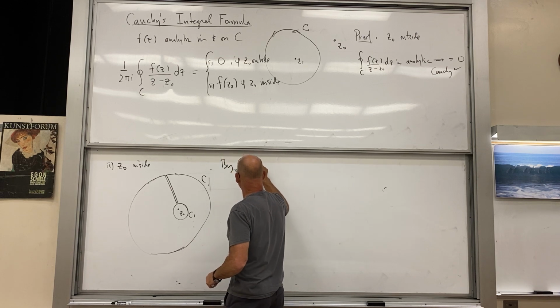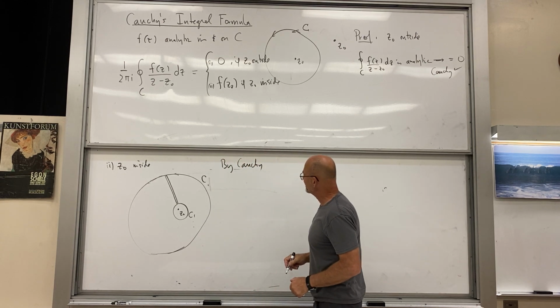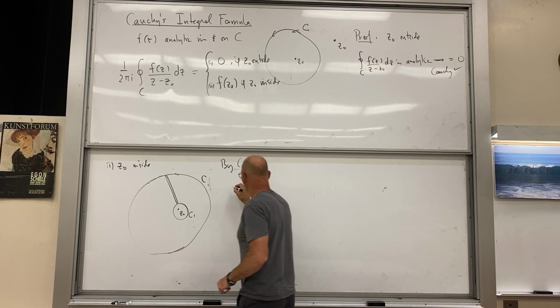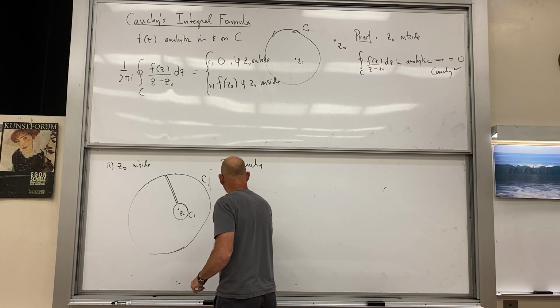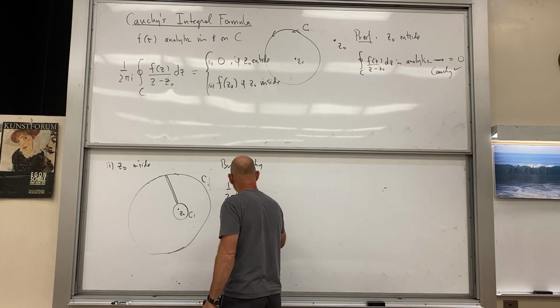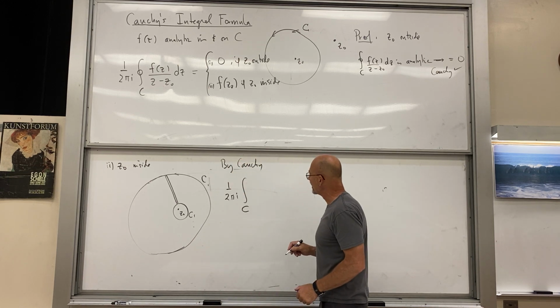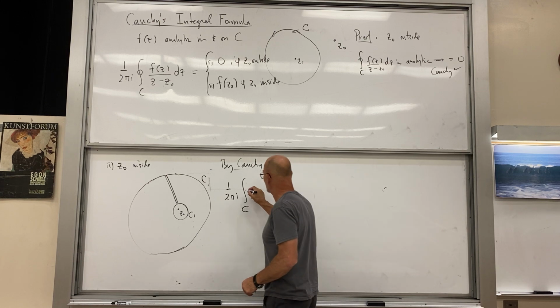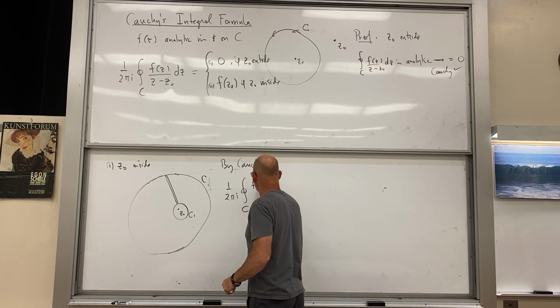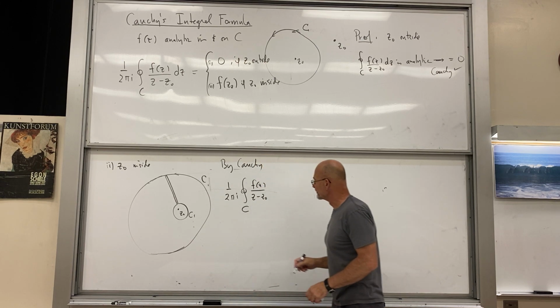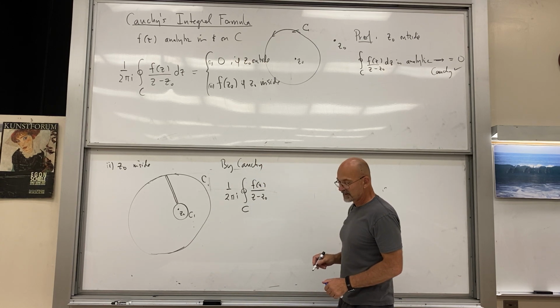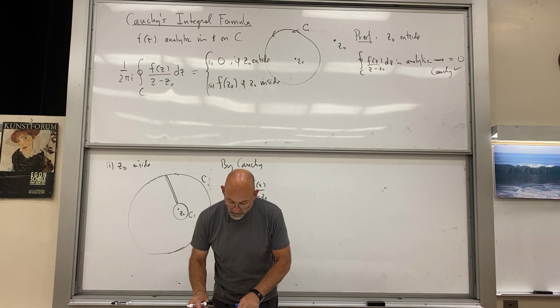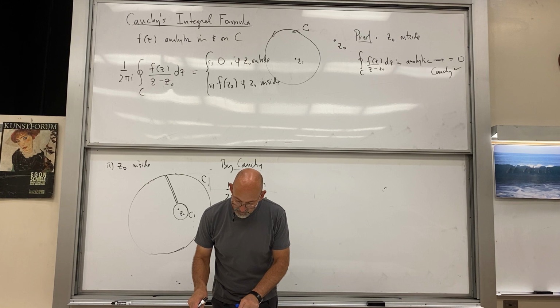So by the integral theorem that we had, we have 1 over 2 pi i, integral of f of z over z minus z0.